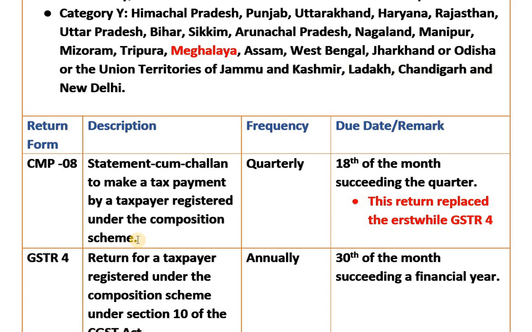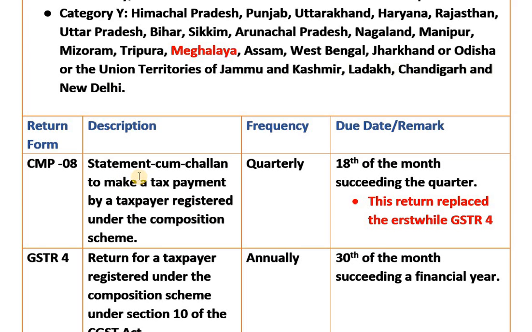For all the taxpayers who are under the composition scheme, they have to file the Qrmp 08, which is a quarterly return, and the due date is 18th of the month succeeding the quarter. This return replaces the erstwhile Gstr 4.